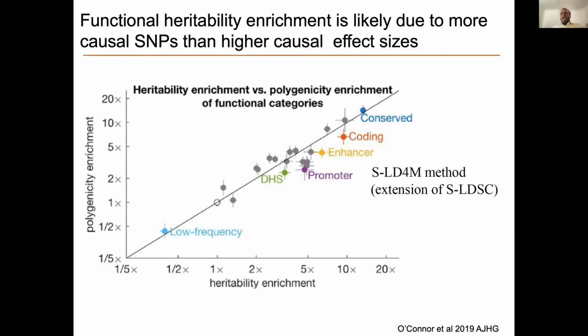This was actually resolved by a paper from Luke O'Connor in 2019, where he looked at polygenicity enrichment against the heritability enrichment and observed that there was a close correspondence between the two, highlighting that this functional heritability enrichment is probably more due to having more causal variants in these functional categories than higher causal effect sizes in general.